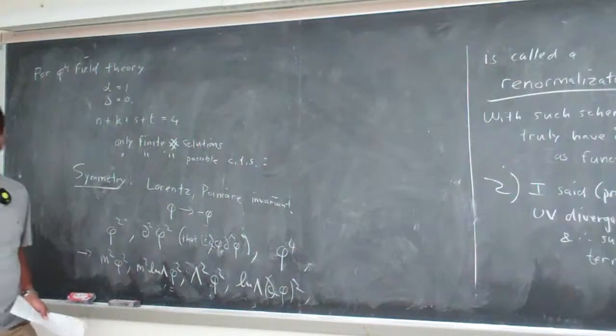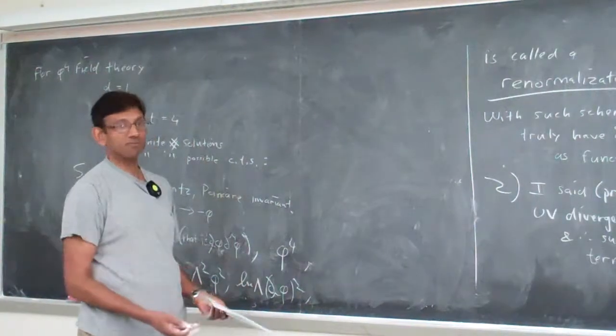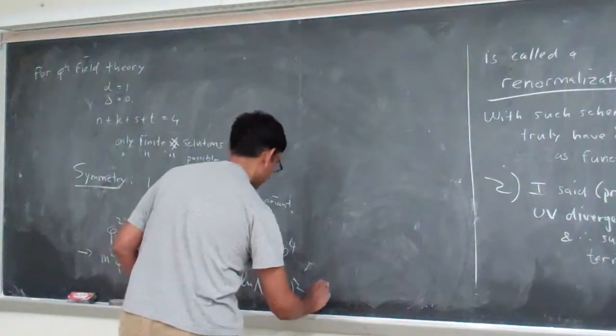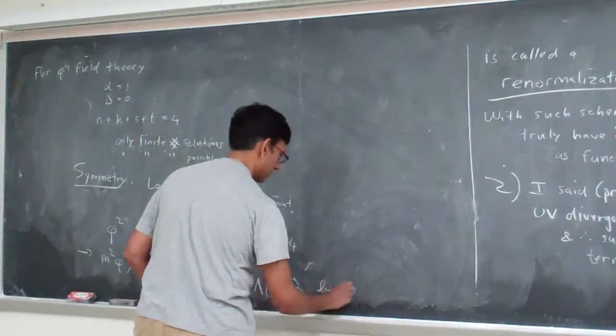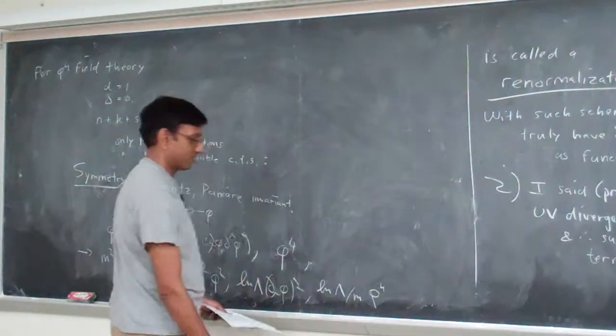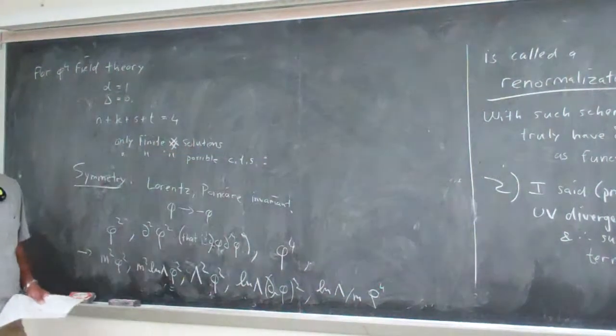Same with phi to the fourth. You couldn't get lambda squared phi to the fourth. There's no room for it. But you could get log lambda. You could even get log lambda over m phi to the fourth, things like that. Okay?